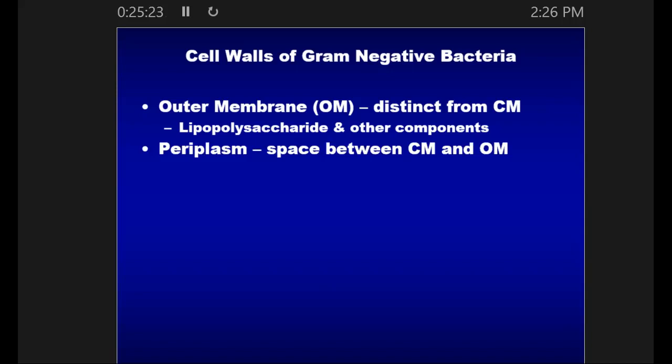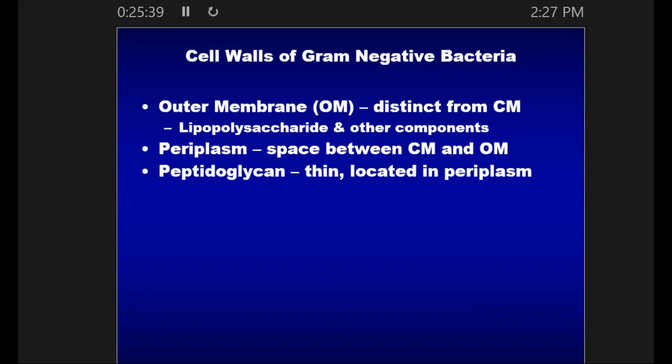You have this outer membrane, then you have a space, and they have to give that a name too, so they call it the periplasm. That's just the physical space between the outer membrane and the cell membrane, essentially. In the periplasm region, you'll have the peptidoglycan. So you'll see the peptidoglycan hanging out in that space, the periplasm. Thin.